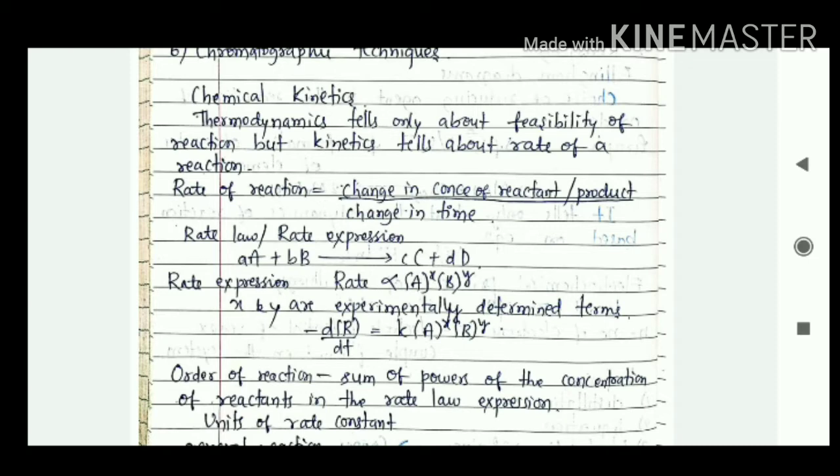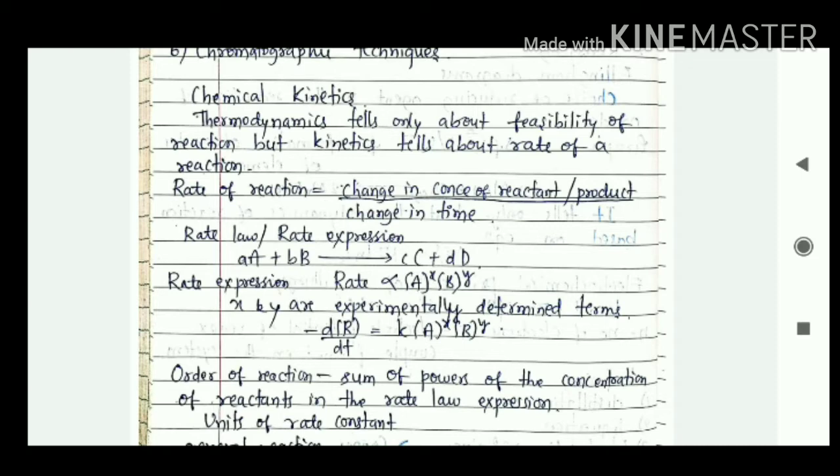Then we have a rate law, also known as the rate expression. The rate expression gives the relationship between the rate of a reaction and the reactants or products of the reaction. If we have a reaction like aA plus bB gives cC plus dD, then the rate is directly proportional to [A] raised to x, [B] raised to y.